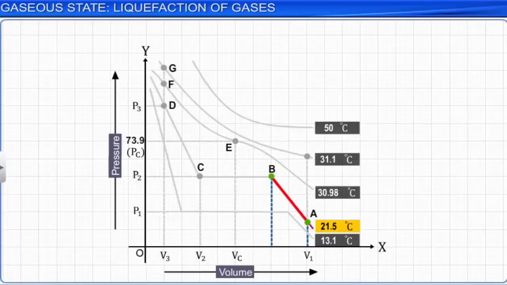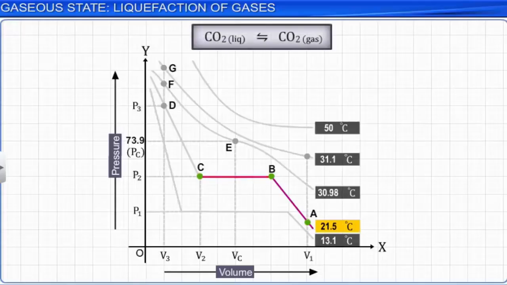The liquefaction of the gas starts at point B and continues along BC, which is evident by the sudden decrease in the volume. Both liquid and gaseous carbon dioxide coexist in equilibrium along the line BC.